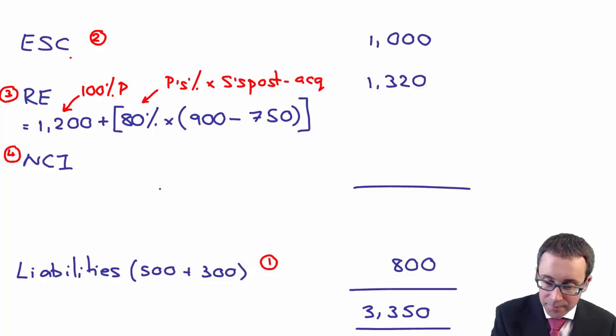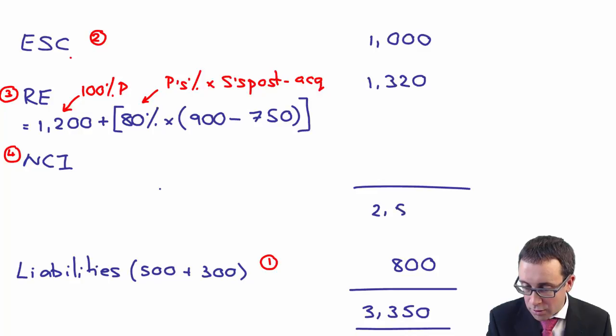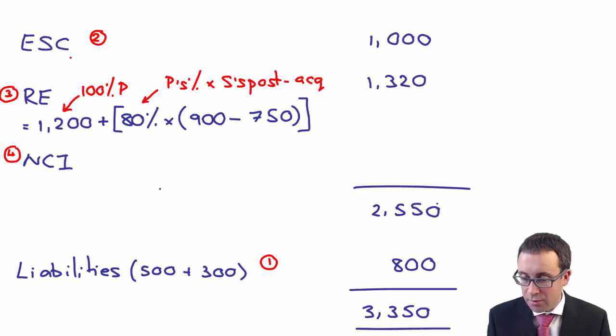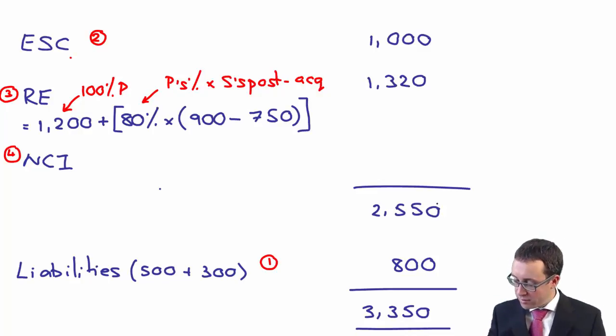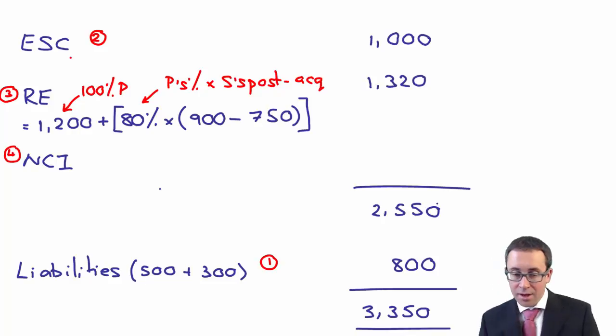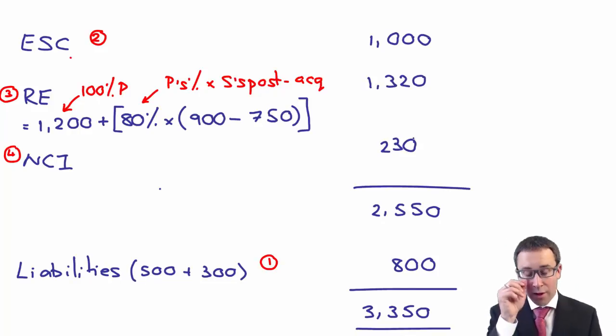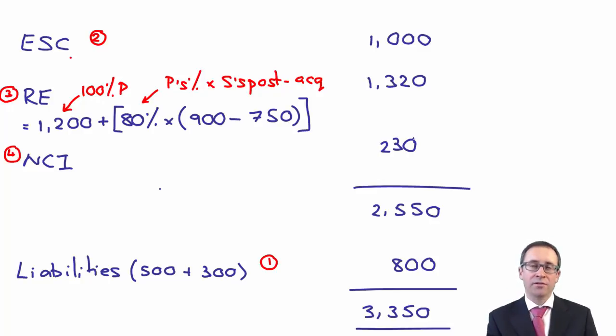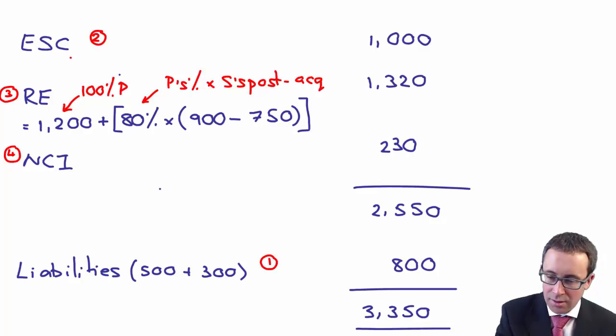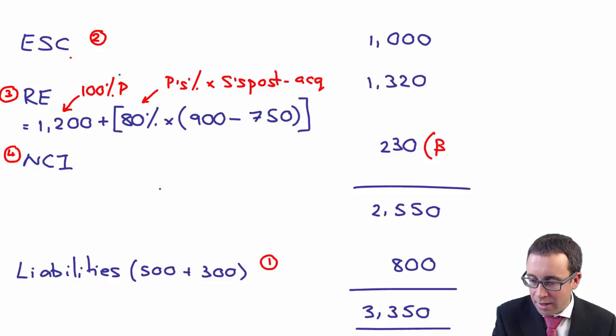So my equity is 2550. If I take the 2550 and deduct 1,000 and deduct 1320, that should give me, is it 230? Okay. I have cheated in this instance and thrown it in as a balancing figure.